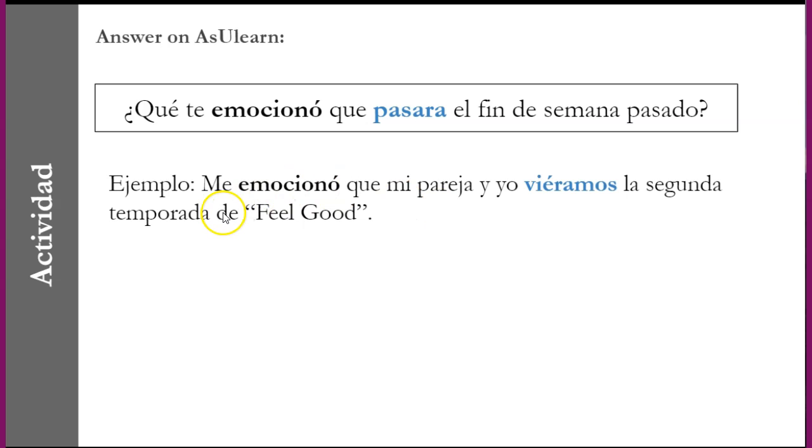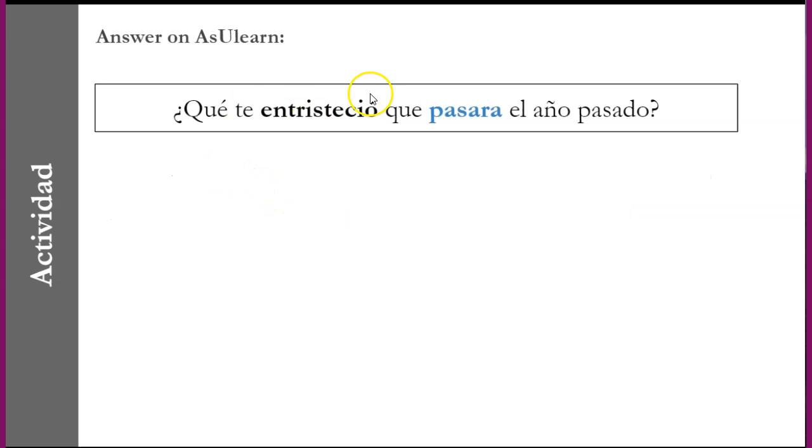So it made me excited. I'm talking about the past, that we did that in the past. So past subjunctive. The verbs that you see in bold are the verbs that are triggering the subjunctive. And the verbs that you see here in blue are the verbs in the past subjunctive.